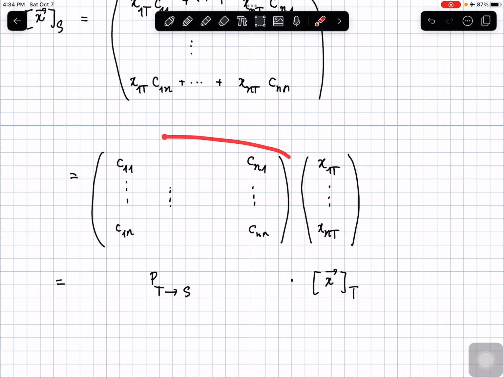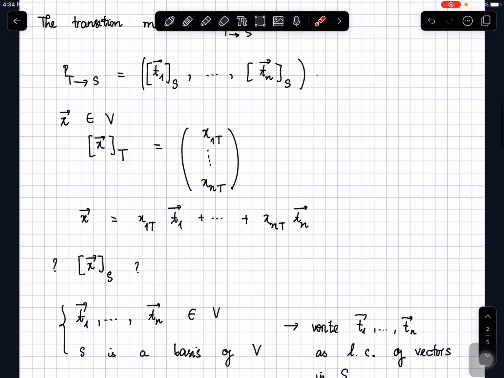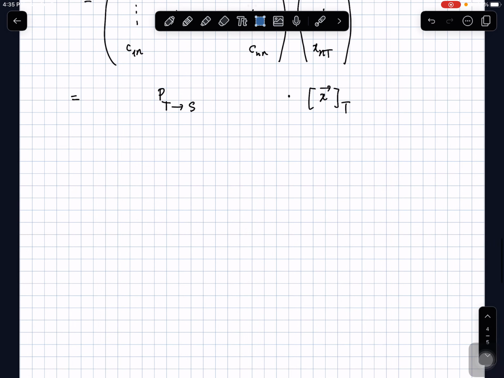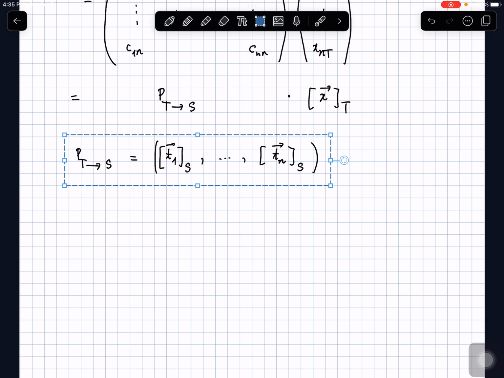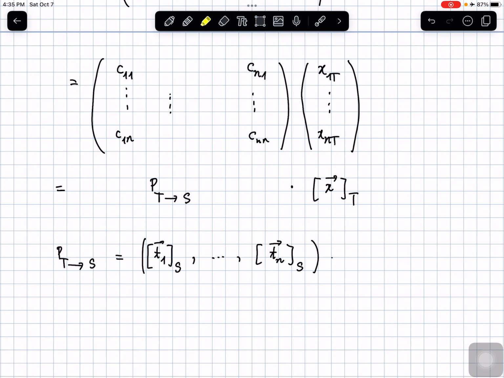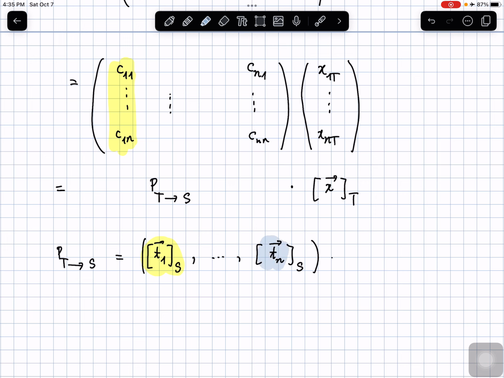This matrix is a matrix of the coordinates of T with respect to S. Right. That's why it makes sense to write it like this: the coordinate of T1 with respect to S, up to the coordinate of Tn with respect to S, put in the columns.